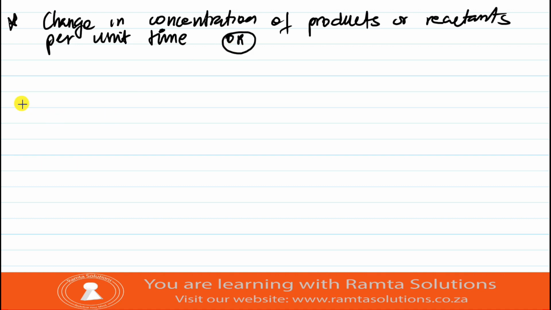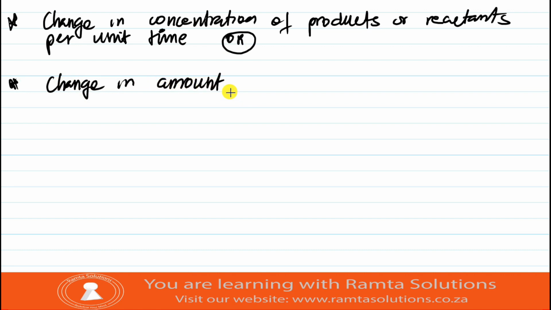Or if you like, you can say it is the changing amount of substance, or the changing amount of products or reactants per unit time. It's still the same thing, right? So it's change in amount.